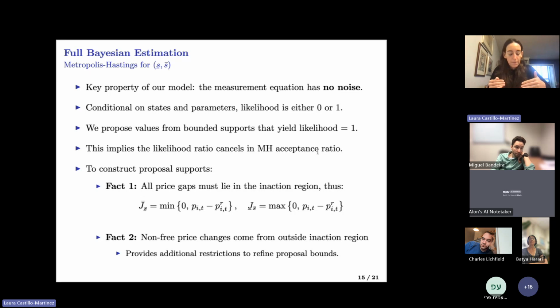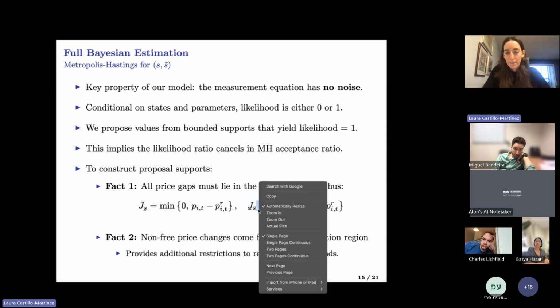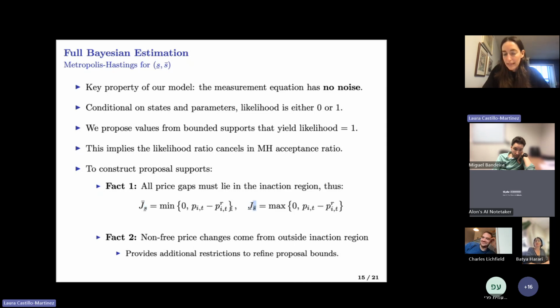That's going to impose that the lower threshold cannot be too large, and at the same time the upper threshold cannot be too small. So that's going to impose an upper bound on the lower threshold and a lower bound on the upper threshold. That's what's going to help us construct some of the proposal support.